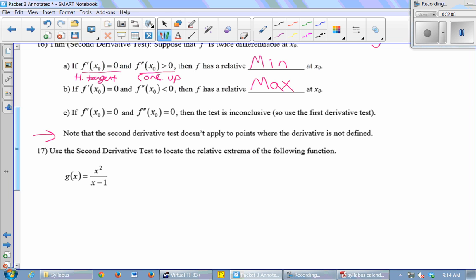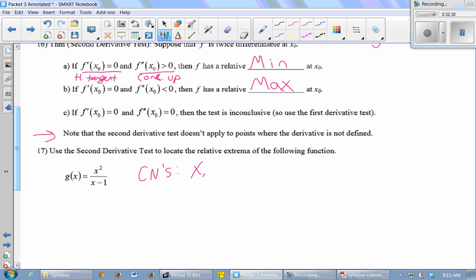So my critical numbers, we already found them. We set g prime equal to 0. We found them, and we got 0, 1, and 2. But the second derivative test doesn't apply where the derivative is not defined, so we can't apply it to x equals 1.